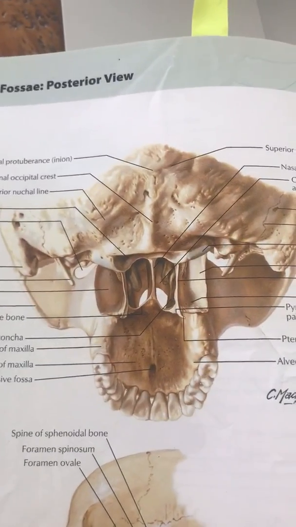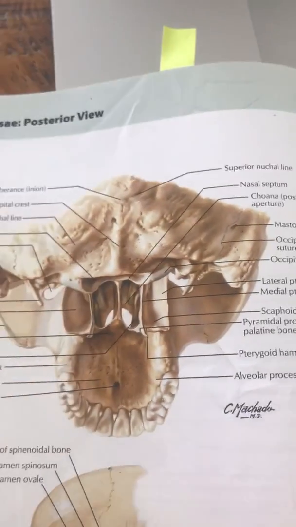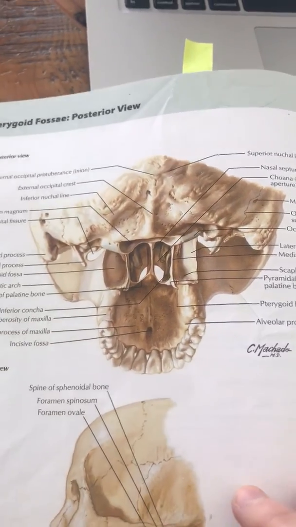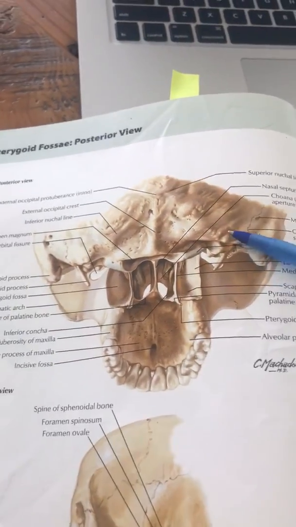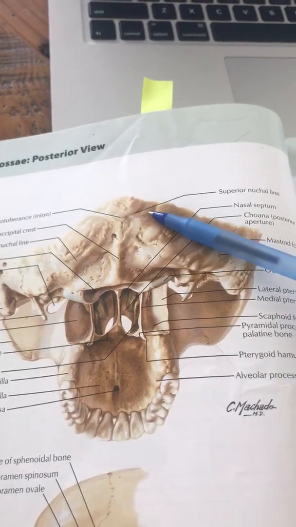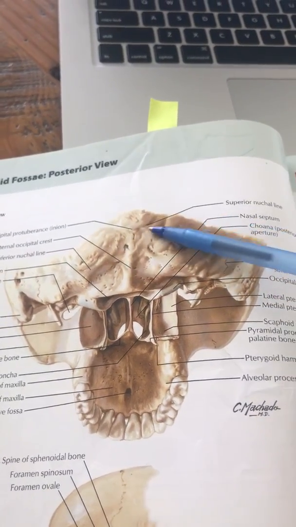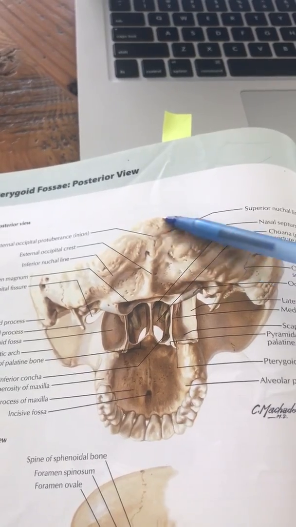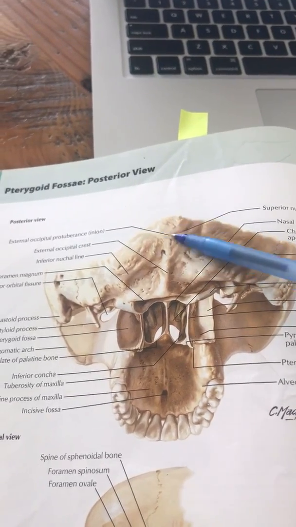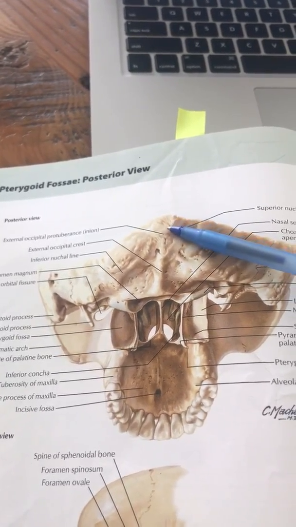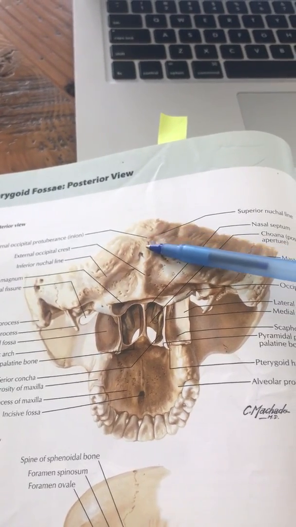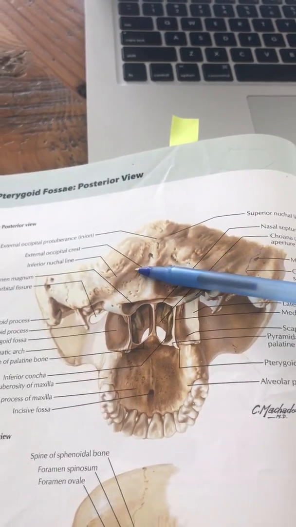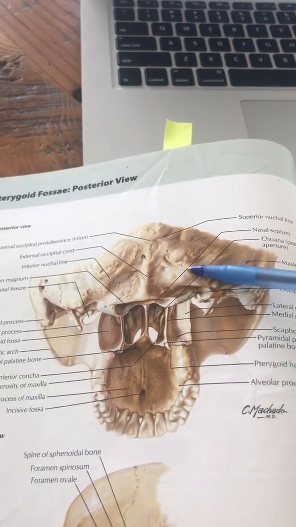Okay, so here is an inferior view of the skull. And here's that superior nuchal line I was talking about. And in the middle of it is the external occipital protuberance, the EOP. And then we came down a little bit until there was another ridge, and that's the inferior nuchal line.